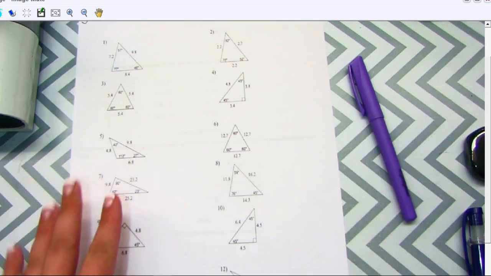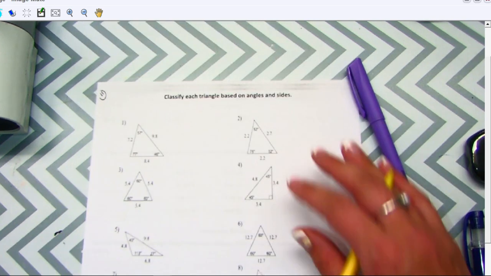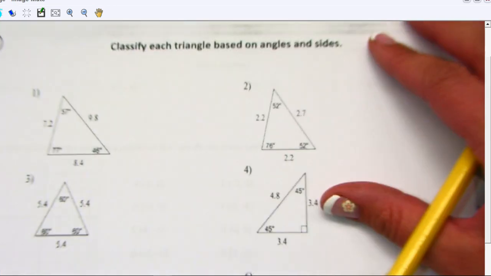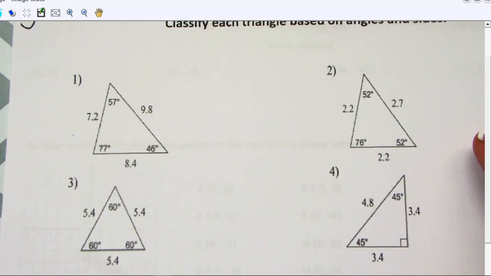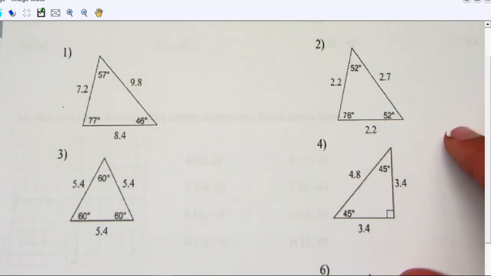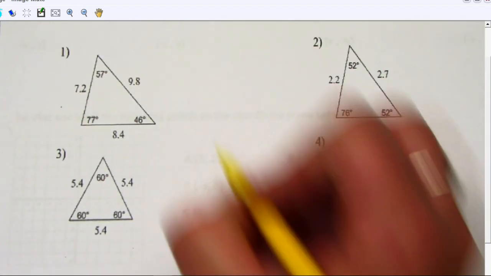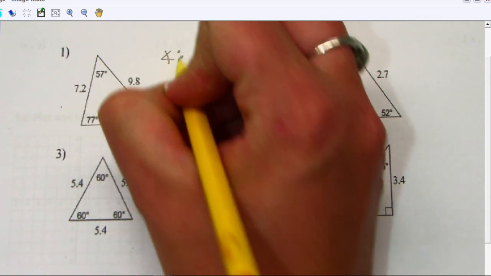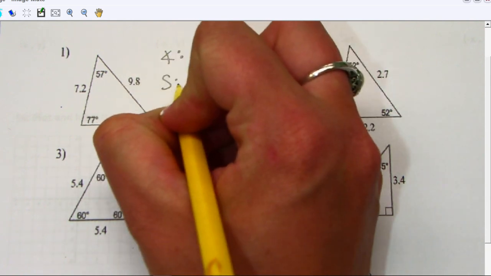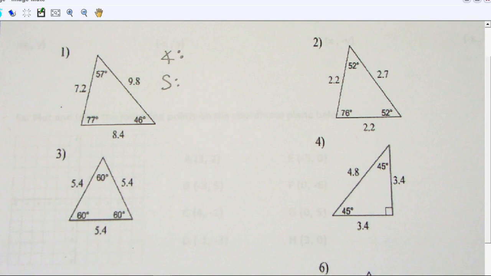I'll be scanning these notes and putting them on the Google site during 3rd period. So all you have to do on page 11 is you're just going to write A for angle, and you can write S for side. Classify it by angle, classify it by side. So if you're looking at angles, you look inside where the degrees are. If we're classifying it by side, we look outside where the sides are.